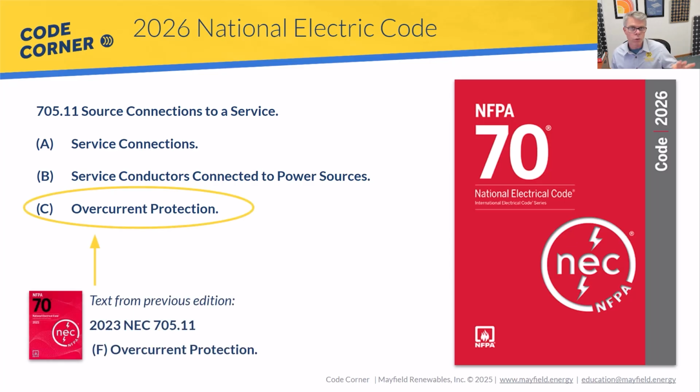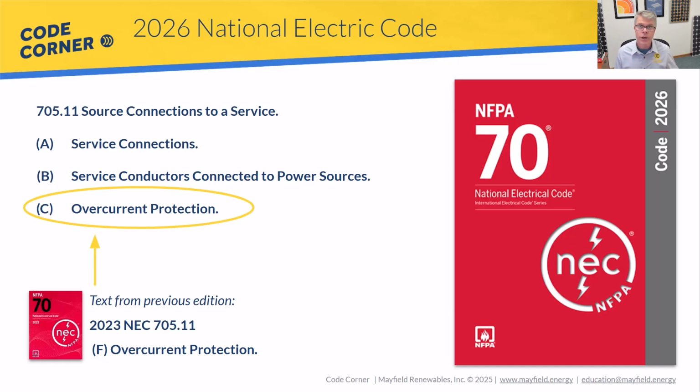And just for reference, this is where we were in subsection F for overcurrent protection back in 23. The interesting thing to note is that the 2026 language is going to look a lot like the 2020 language. What it comes down to is the distance requirement for our overcurrent protection. In 2020, we had very specific requirements for how far we could go with our conductors before we had overcurrent protection.